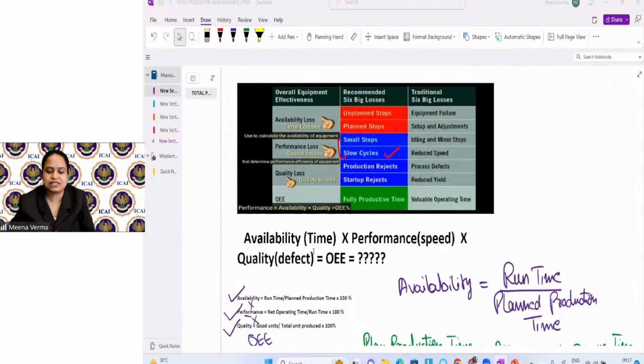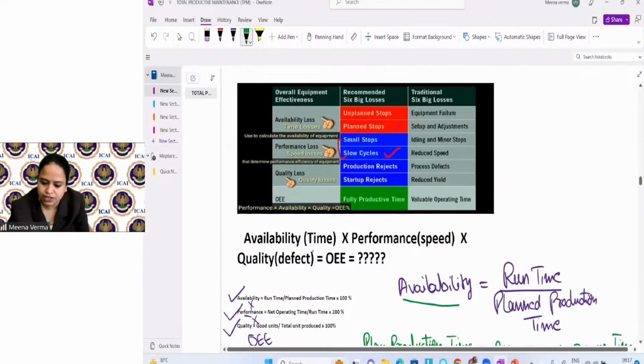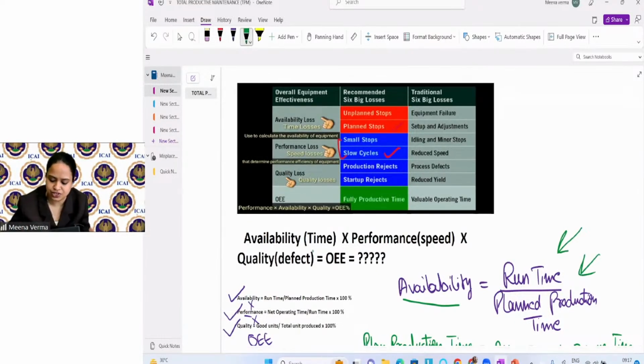Okay, so this is the question, and this is the formula we have just studied. We have just discussed availability. So what is the formula for availability? If you want to find availability, you have to consider the run time and the planned production time, right?